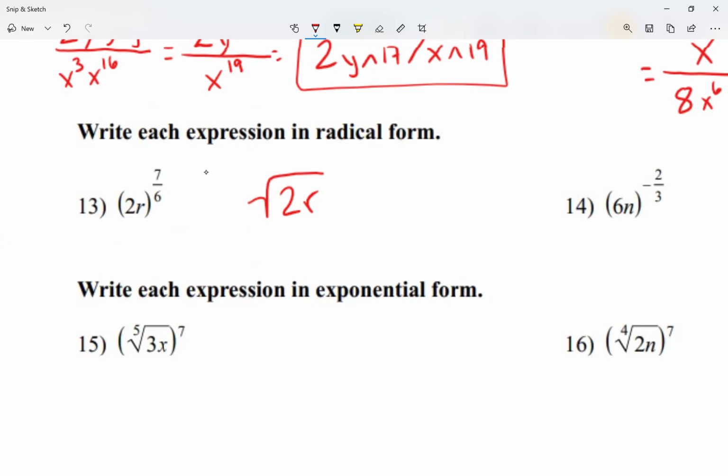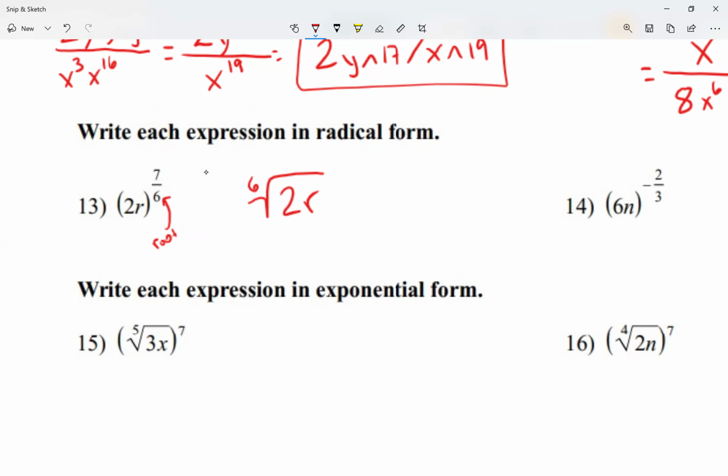The reason we call this radical instead of just square root is that with a square root the root is 2, but we also have a root of 3, a root of 4, a root of other numbers. On your fraction, the bottom number is going to be the root. In this case, we're looking at root 6, so we write that little 6 right here.